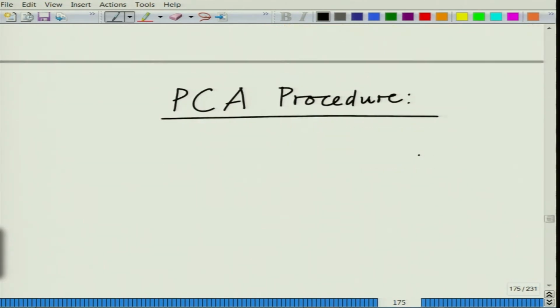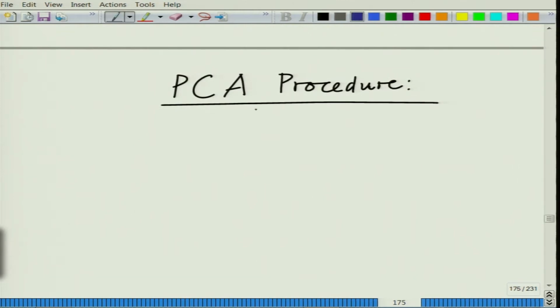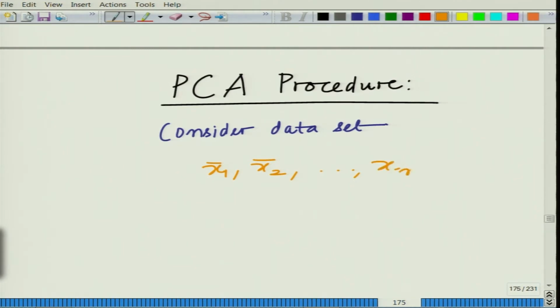Consider the data set: there are n points, each of size m cross 1, where m is of course very large, that is why we want to compress it, or do the dimensionality reduction or feature extraction.